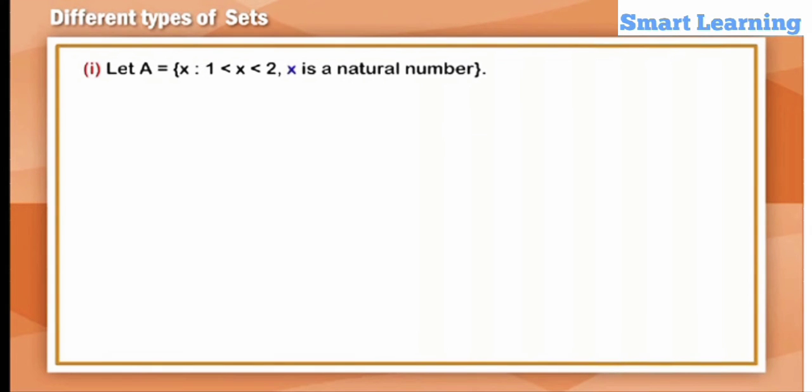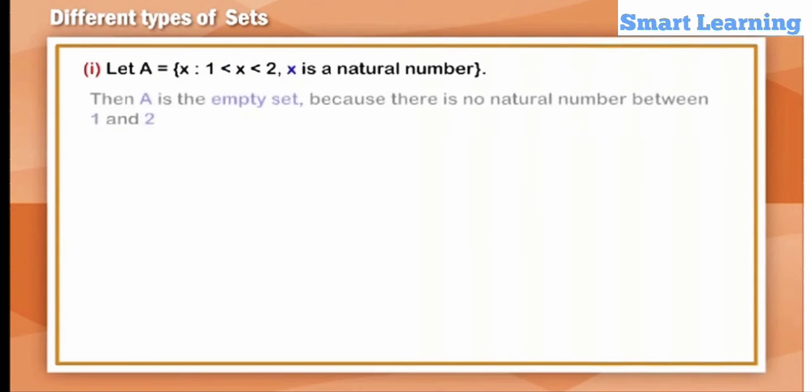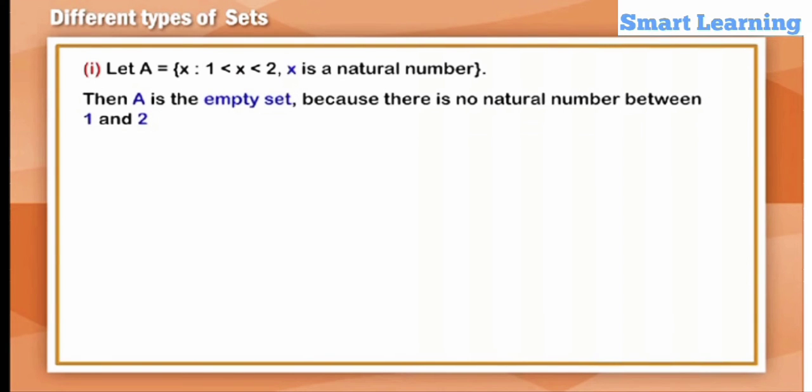We give below a few examples of empty sets. 1. Let A equal {x : 1 < x < 2, x is a natural number}. Then A is the empty set because there is no natural number between 1 and 2. 2.